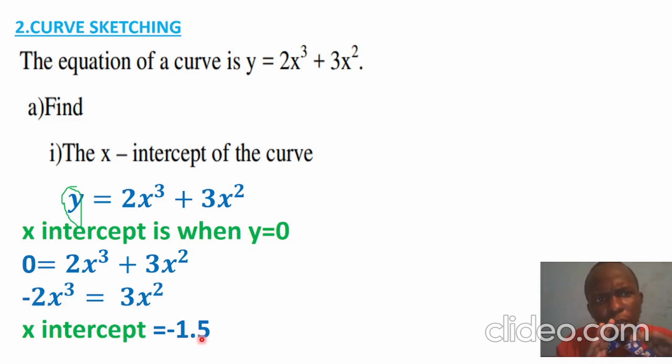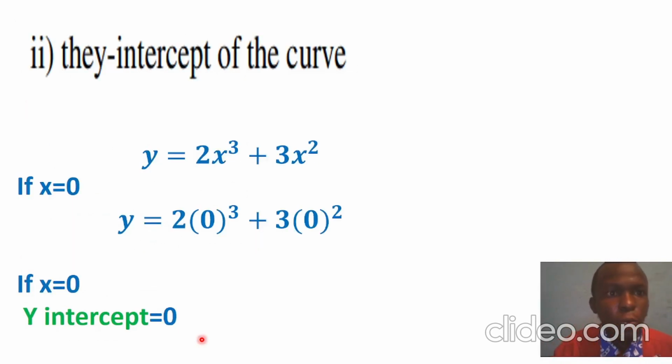Now, for us to sketch a curve, we have to know where the curve is going to touch the x-axis and where the curve is going to touch the y-axis. Now let us go to the next bit, the y-intercept. We want to get the y-intercept of the curve.